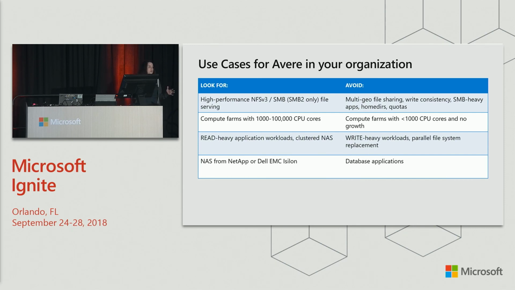Look for big compute farms, 1,000 to 100,000 CPUs. Azure can certainly cache in smaller instances, it's just that the economics usually don't work out well for caching when you go below 1,000 cores. Even though it's a read-write cache, writes will slow down the operation of the cache, so predominantly read-heavy applications, at least 90% reads and 10% writes.